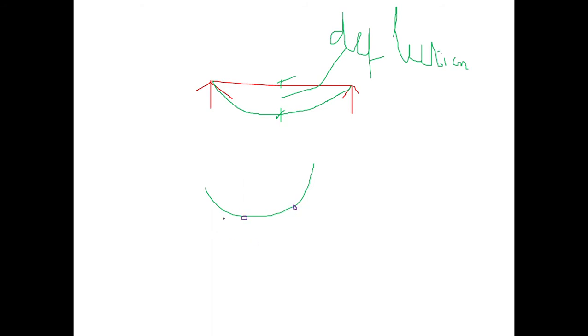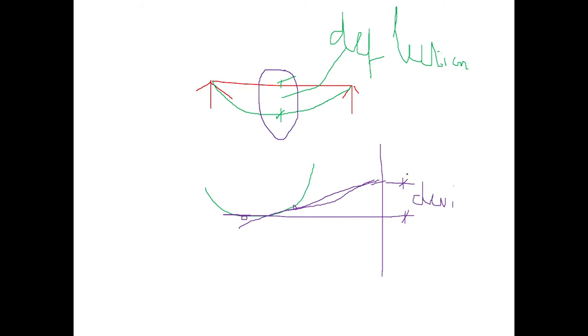If you draw a tangent for this point and this point, the vertical distance between these 2 tangents is known as deviation, right? It is deviation, and this one is deflection. So there is a lot of difference between the terms deviation and deflection, right?